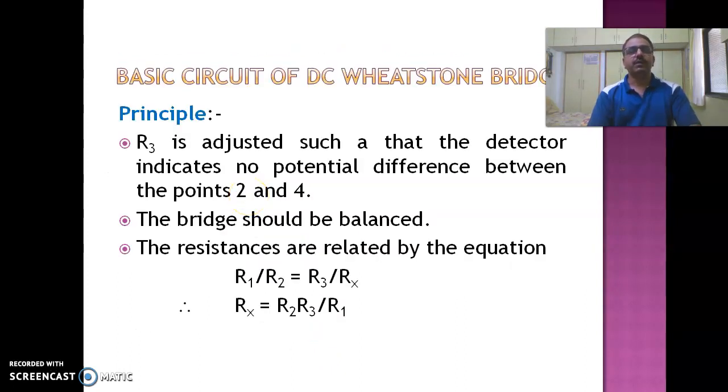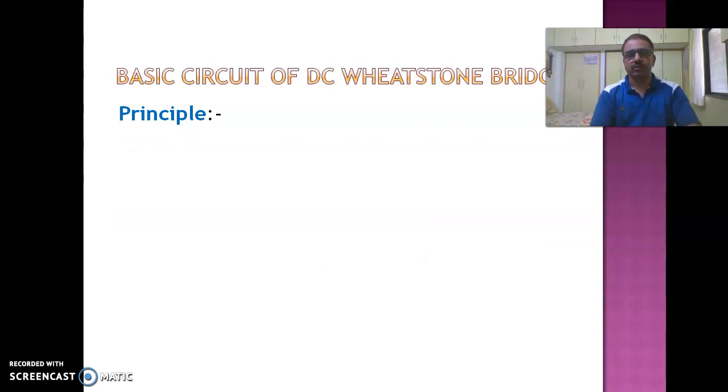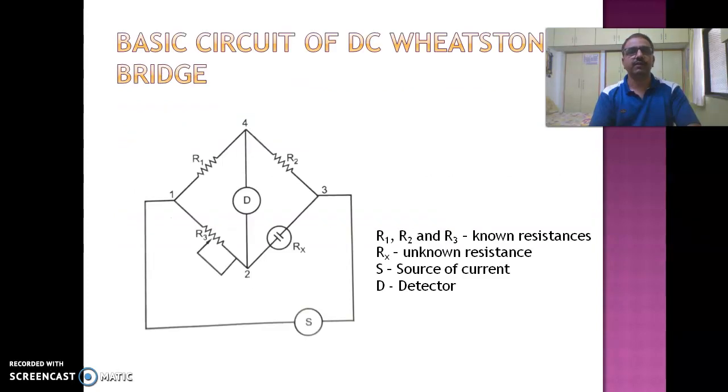The principle on which this Wheatstone bridge circuit is based is that R3, which is the known resistance, is adjusted such that the detector indicates no potential difference between points 2 and 4. So we have already seen this basic circuit diagram.